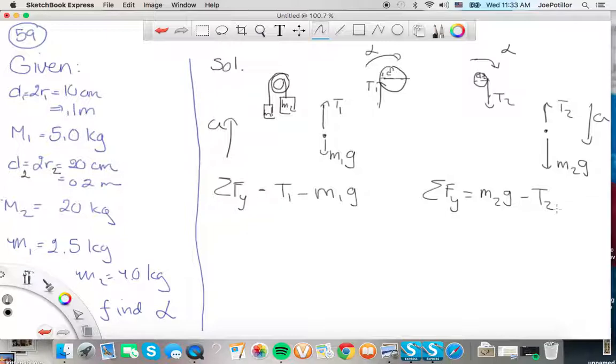We do not need to find out what that acceleration is, because we're looking for the angular acceleration. So using Newton's law here, we're going to be able to solve for tension 1 and tension 2.